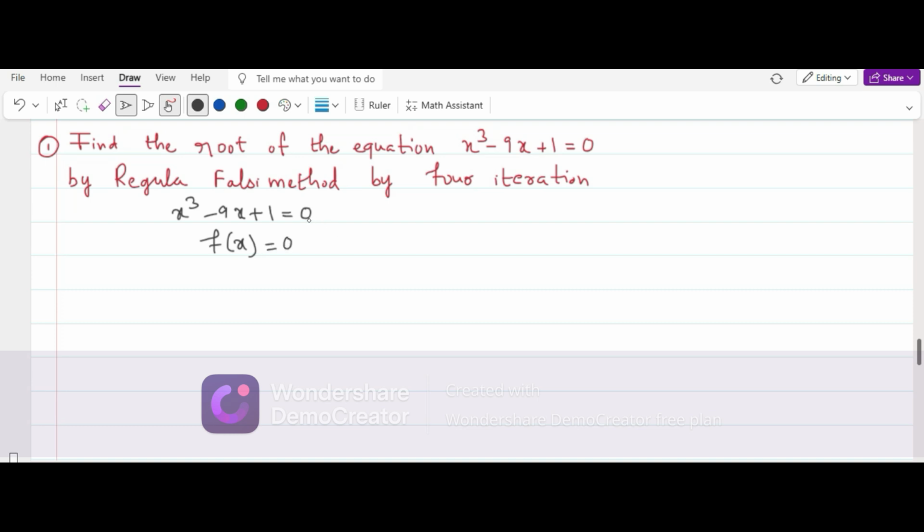Right hand side ಅಲ್ಲಿ 0 ಇಲ್ಲ ಅಂದ್ರೆ ಅದನ್ನ ಈ ಕಡೆ ತಗೊಂಡು 0 ಮಾಡ್ಕೊಬೇಕು. ಓಕೆ, what is f of x here? It is x cube minus 9x plus 1.